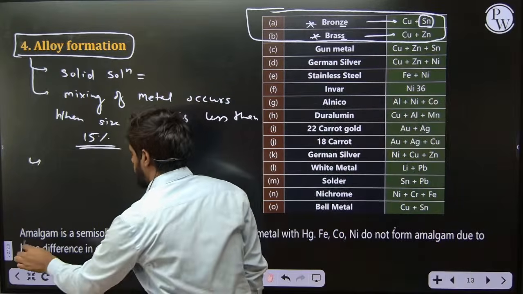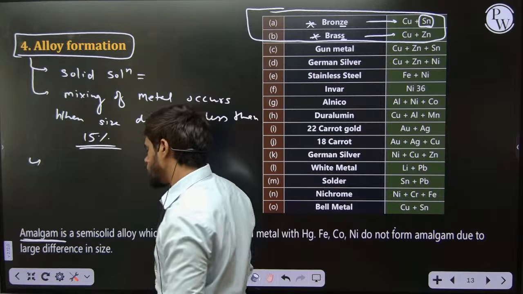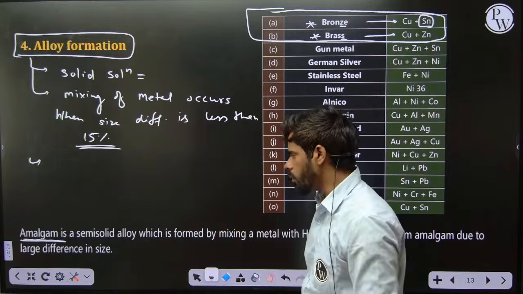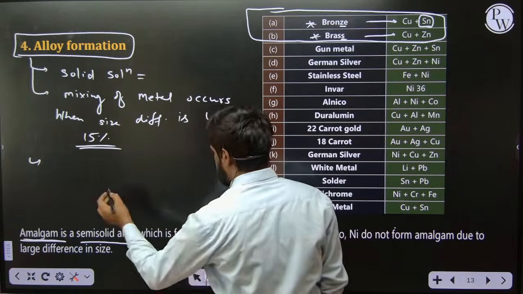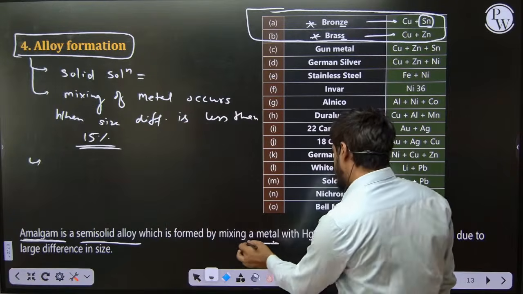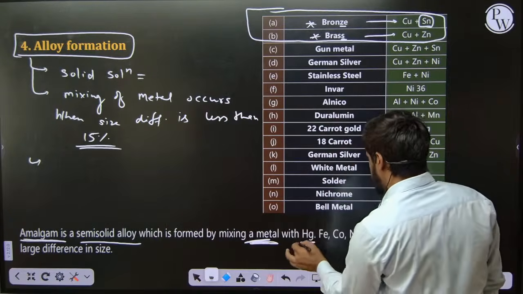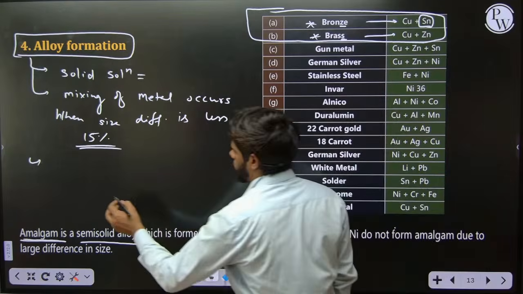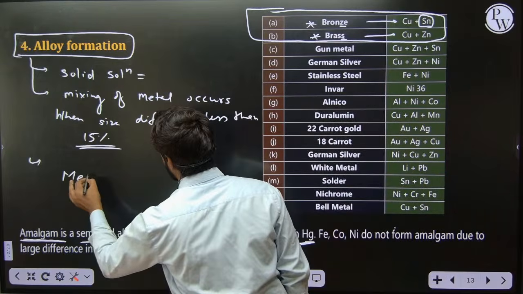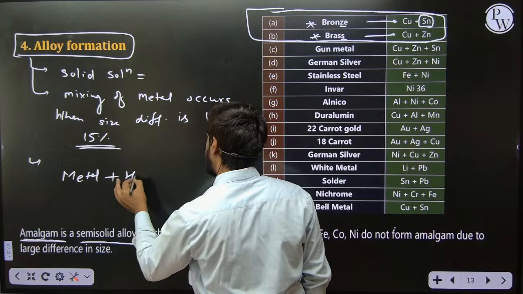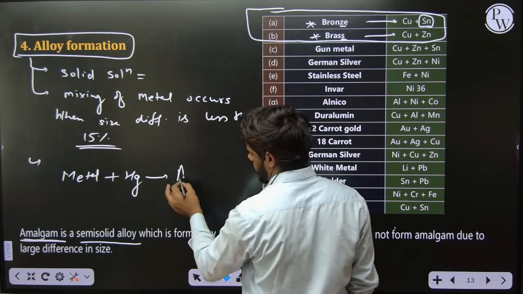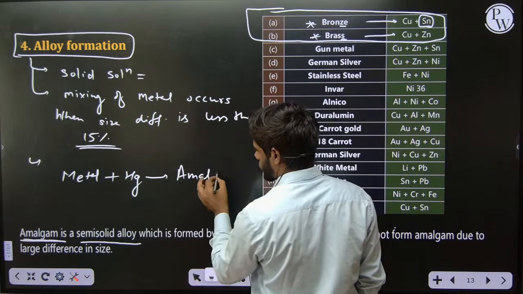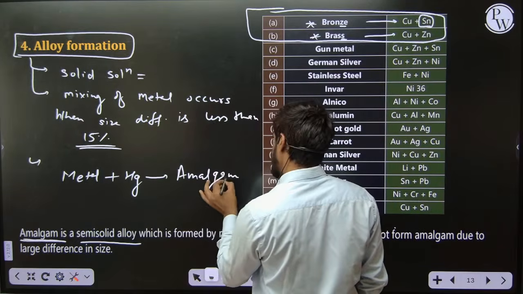Another example is amalgam. It is also a special type of alloy, a semi-solid alloy, which is formed by mixing a metal with mercury. So if any metal is given with mercury, they form amalgam.